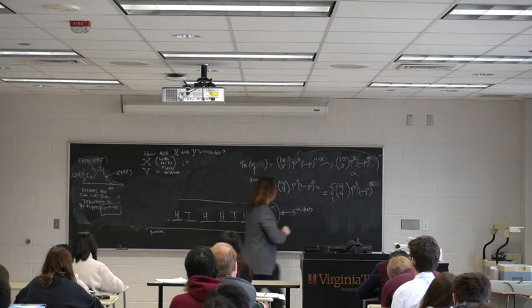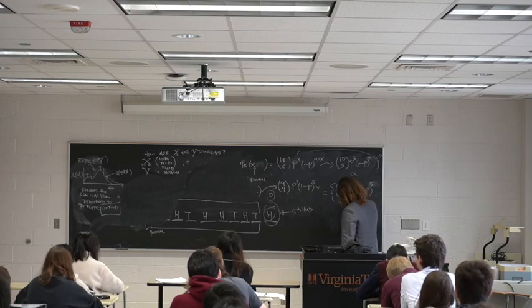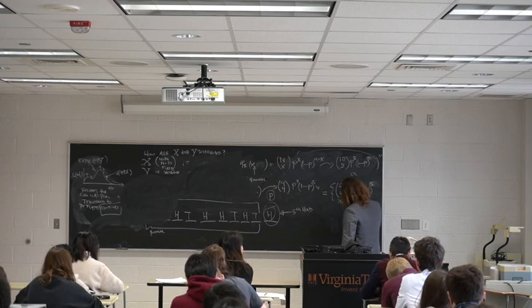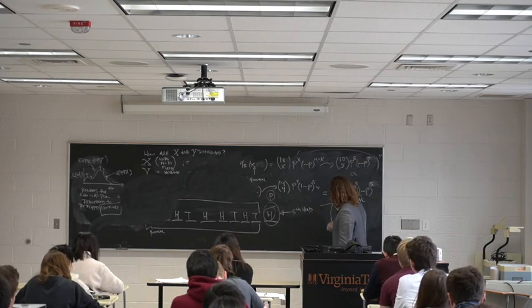I'm going to just write down in general. This is y. This is going to be the number of failures. This is how I'll parameterize it.